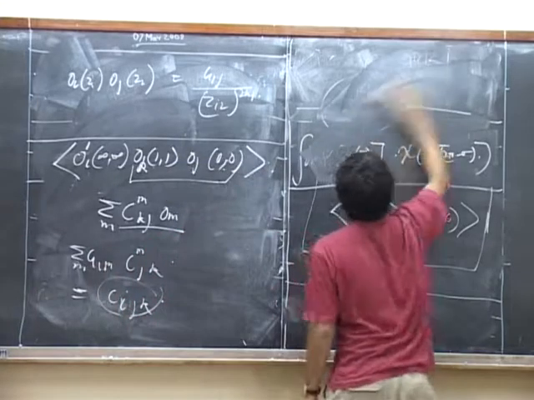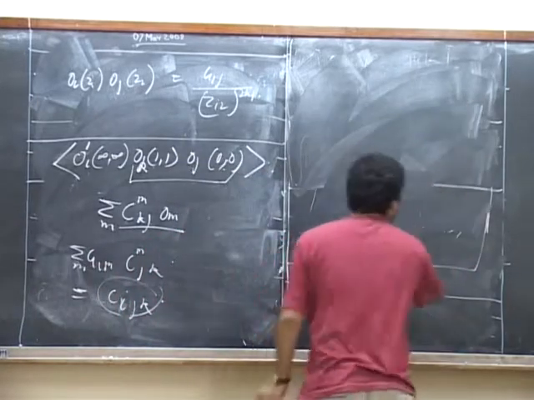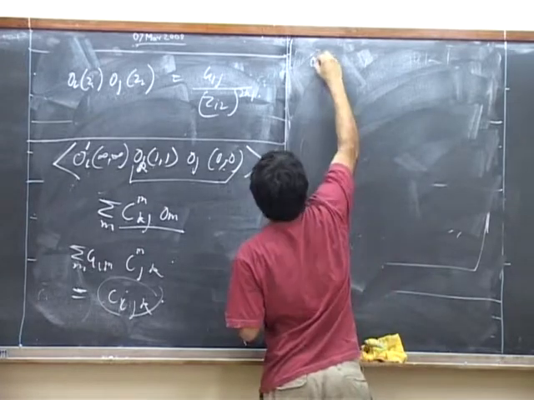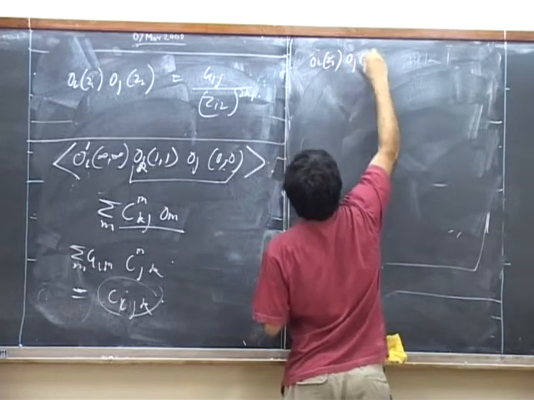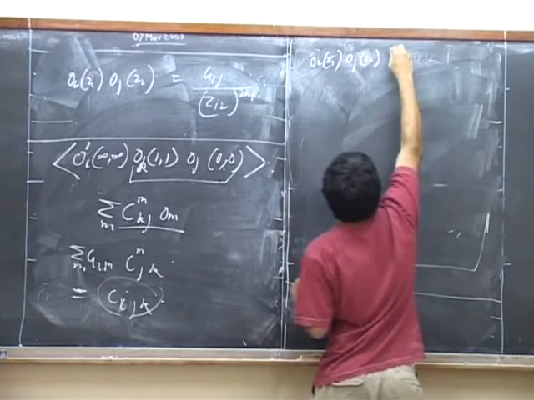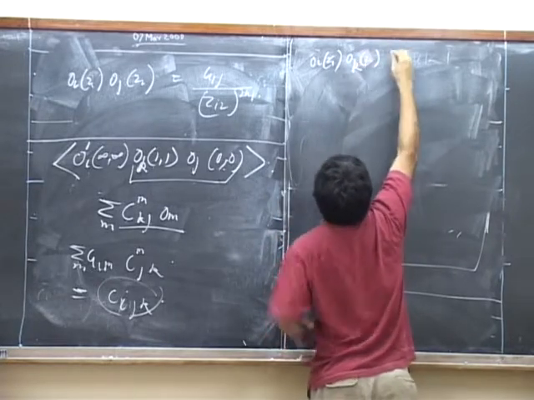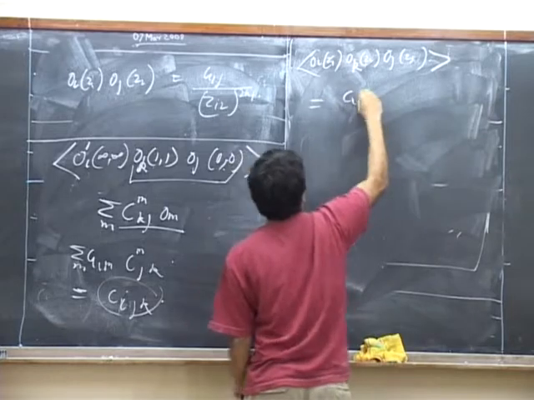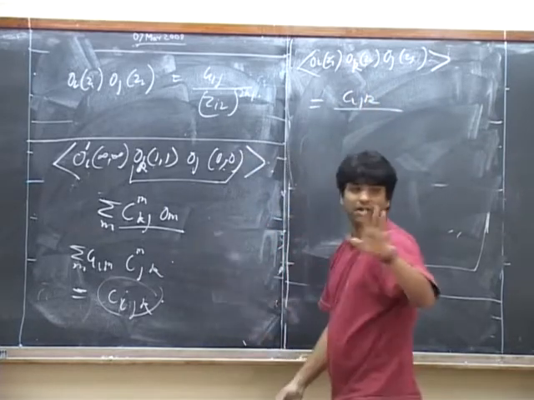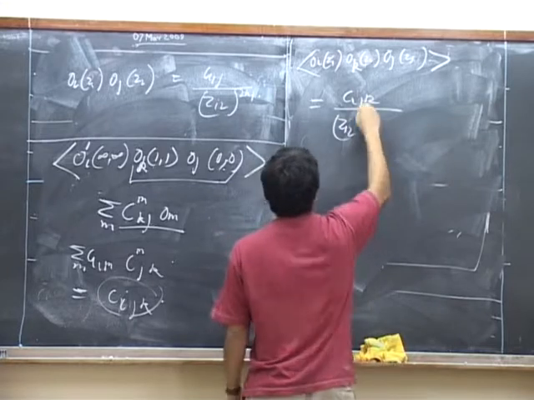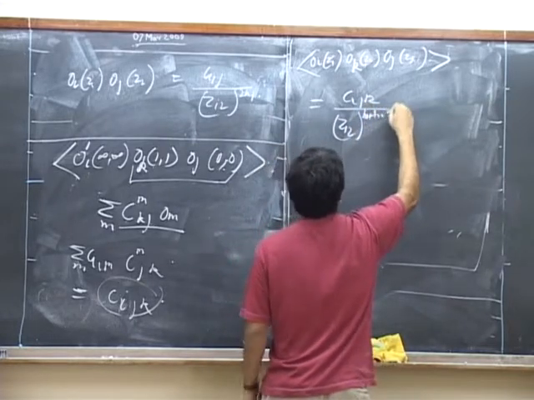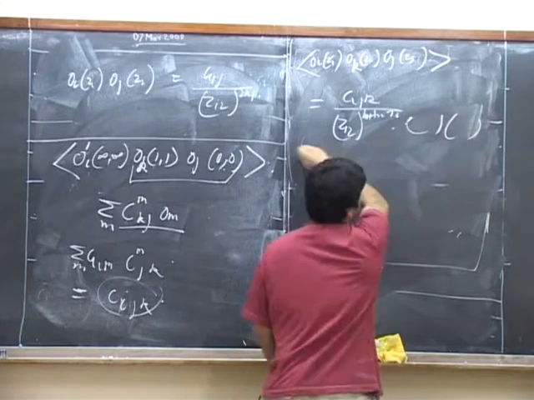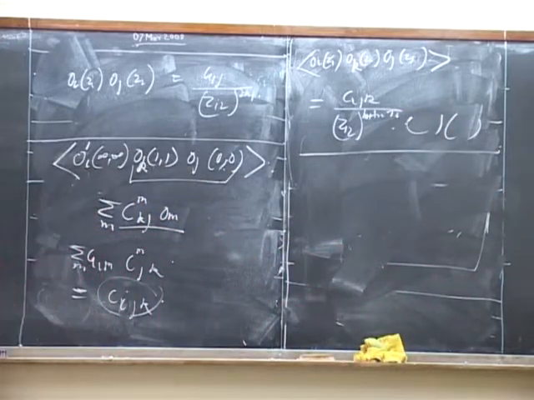In particular, exactly the same way as we did for 2-point functions, you can convince yourself that O_I(z1), O_J(z2), O_K(z3) is equal to C_IJK times that cross ratio thing that we had, z_12 to the power h1 plus h2 minus h3, and so on. These are completely equivalent definitions.